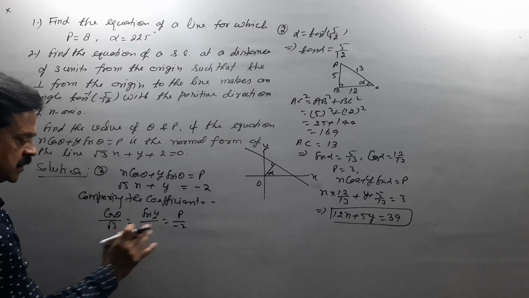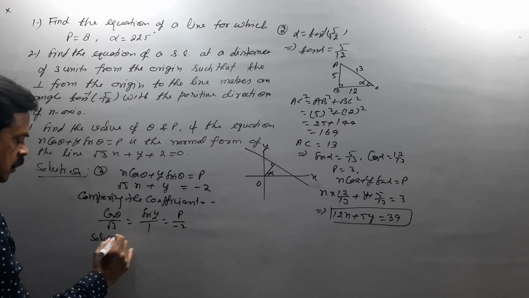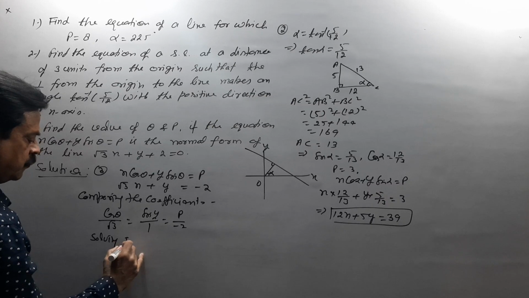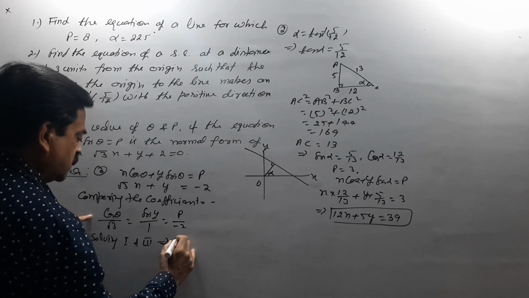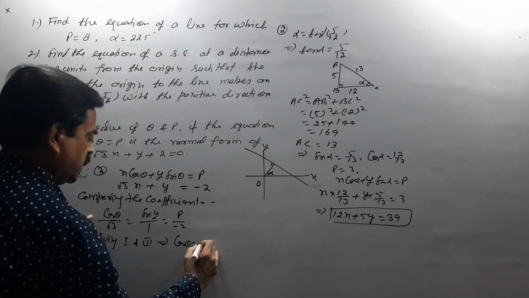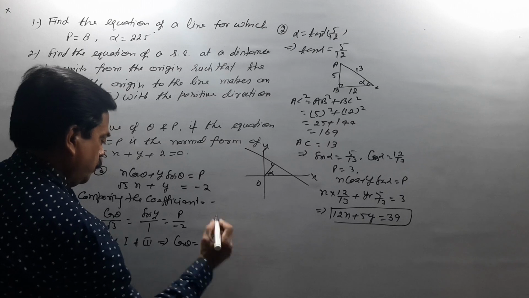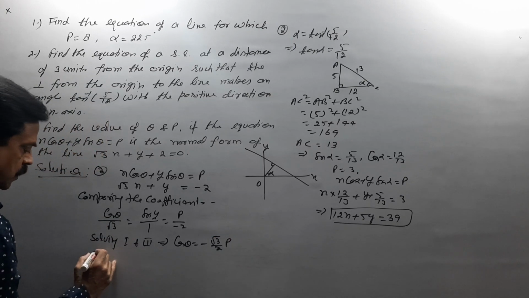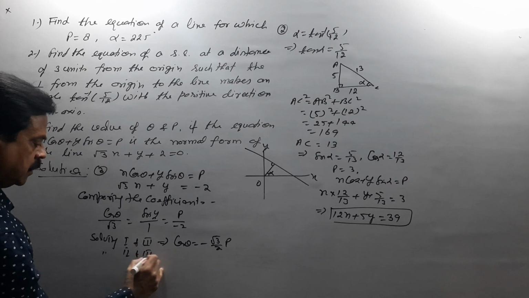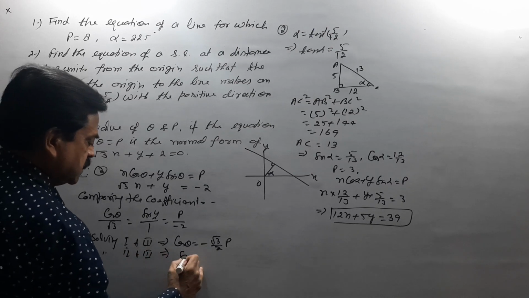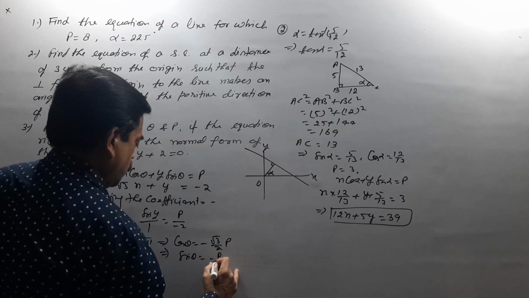So solving first and third, this implies cos theta equals to minus root 3 upon 2p. Solving second and third, this implies sin theta equals to minus p upon 2.